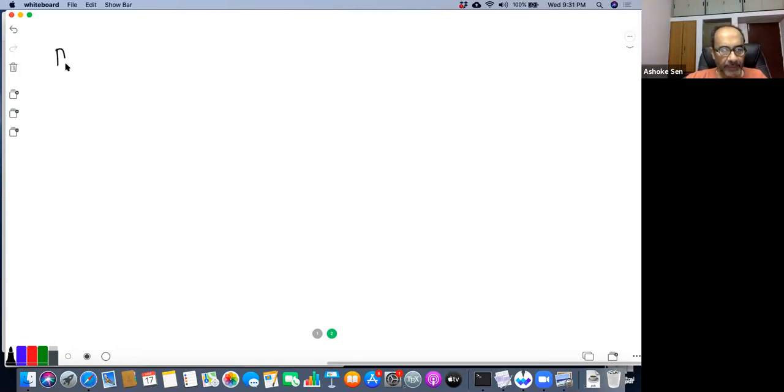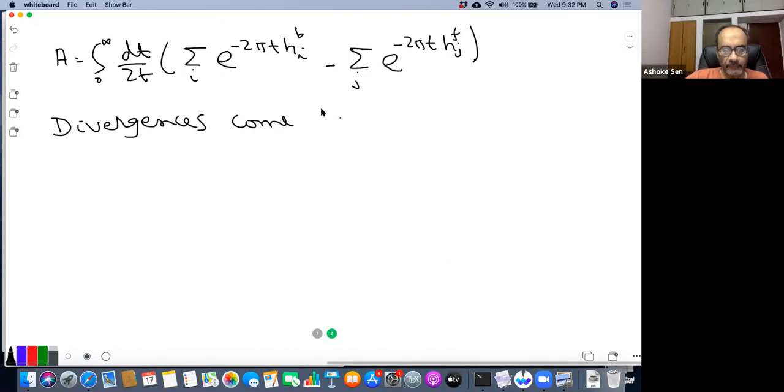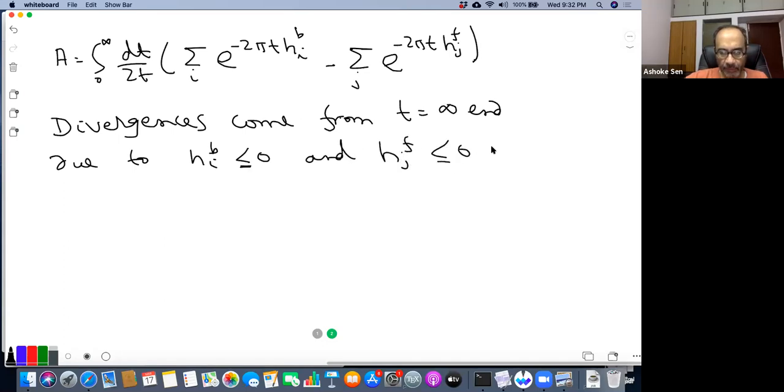So let me write the expression for A again. So divergences come from the t equal to infinity end, due to HIB less than or equal to 0 and HJF less than or equal to 0 states.